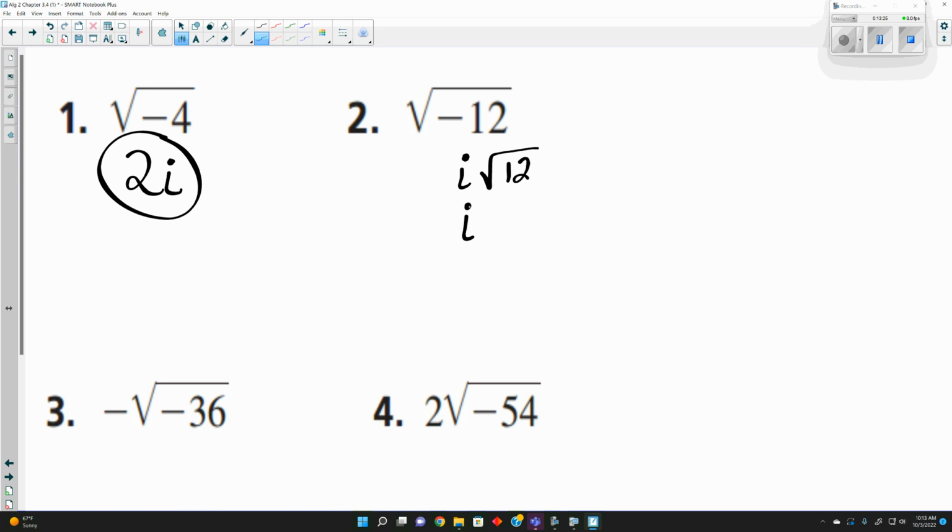Because if we're trying to simplify this radical, we're looking for perfect squares that go into 12. Well, the first perfect square that goes into 12 is 4. 4 times 3 is 12, yes? Square root of 4? 2i square root of 3. Or if you plugged in the square root of 12 in the calculator, it'll tell you that it's 2 square root of 3. And we put the i outside of the radical. It wouldn't go back in.